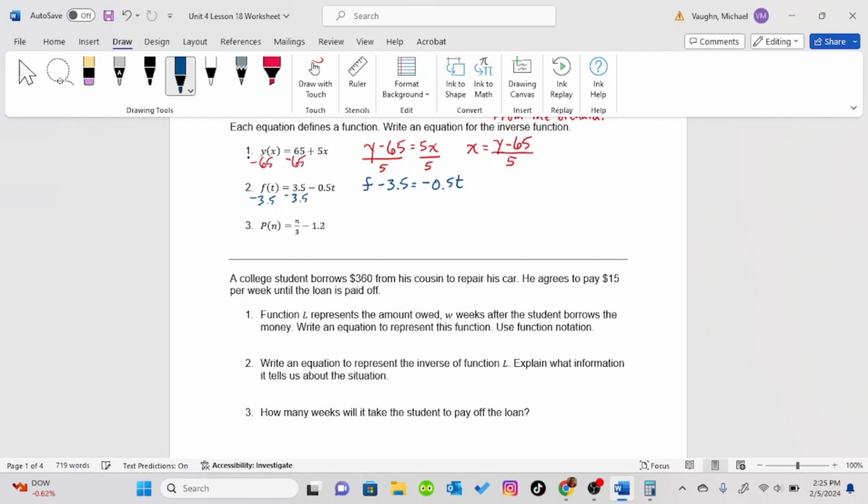To get t by itself, I'm going to divide both sides by negative 0.5. And my inverse function is t equals f minus 3.5 divided by negative 0.5. So now t is the inverse function of f.